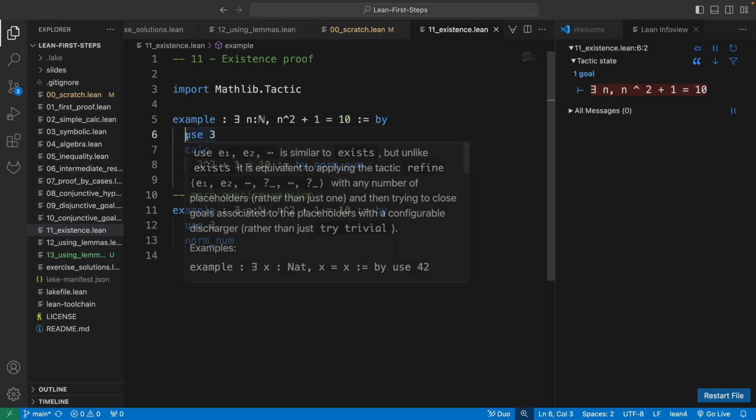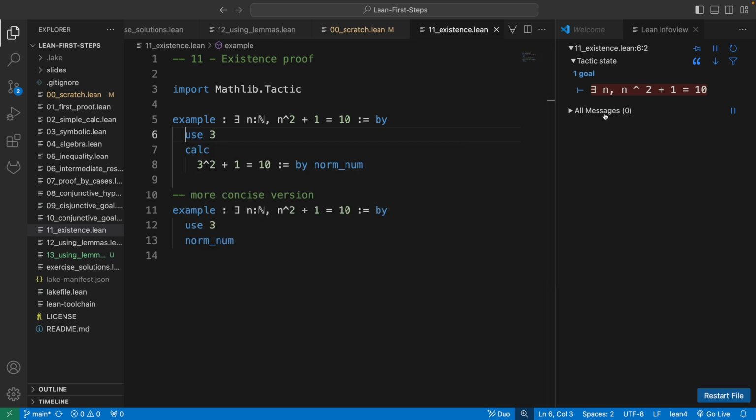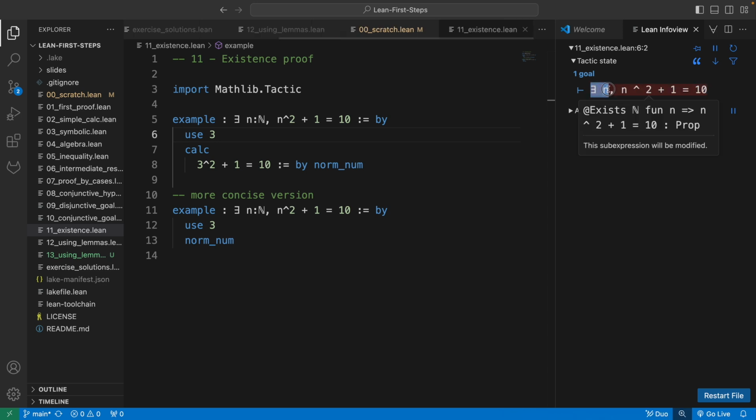So before use 3 is executed, let's have a look at what Lean thinks. So there's no hypotheses. See over here on the right? There's no hypotheses, there's no declared variables, only a proof objective, which encapsulates all of that. The proof objective: there exists an n such that n squared plus 1 is 10.